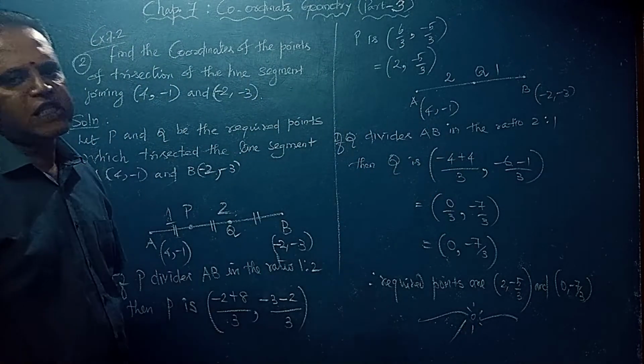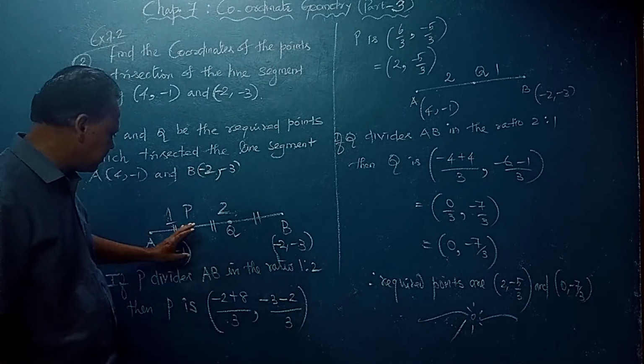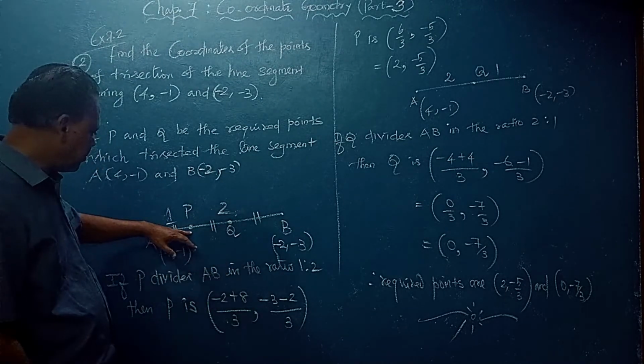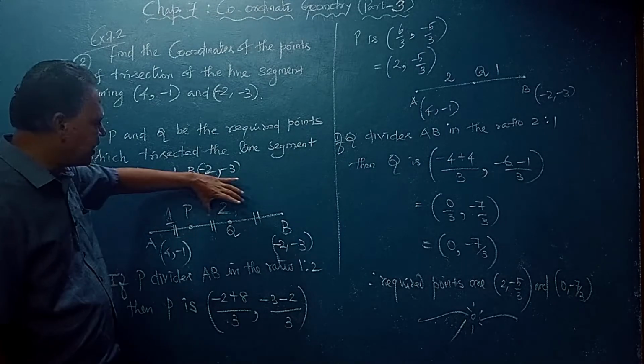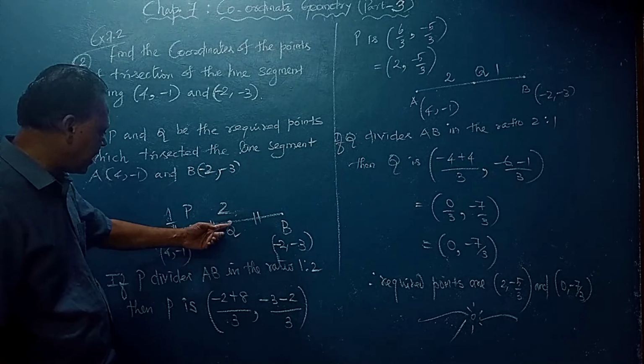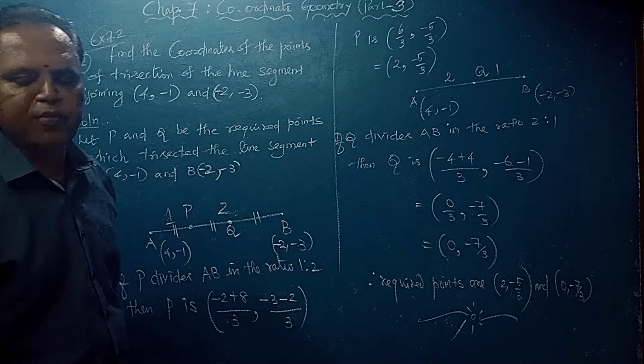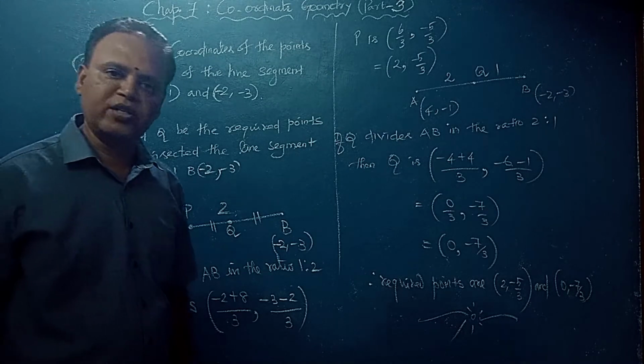The idea you have to remember: trisected means 3 equal parts. First P divides 1 part and 2 part. Q divides reversely, 2 part and 1 part. Ratio is very important. So practice thoroughly.